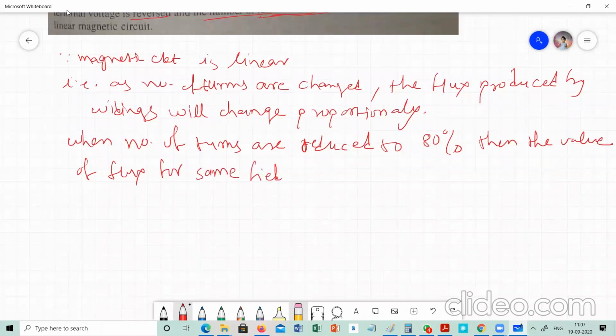The field current will be equal to armature current and it will be governed by load only. Okay, means what? By maintaining the same field current, we can observe that if the number of turns are reduced, the flux will be reduced to 80%.